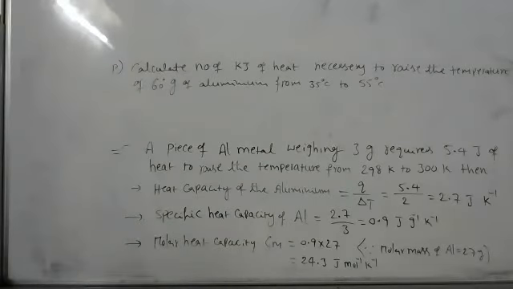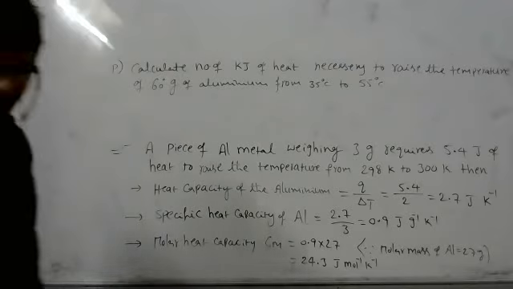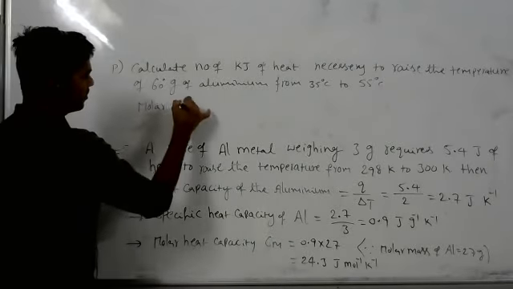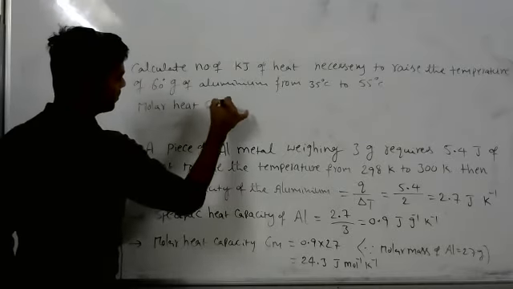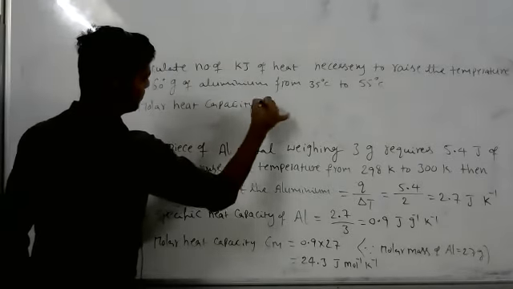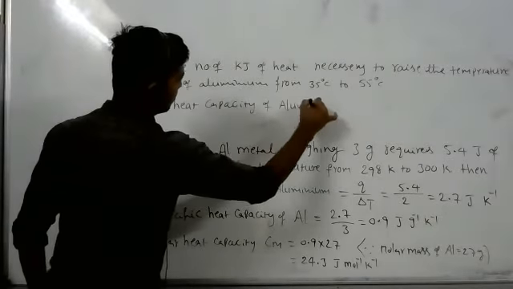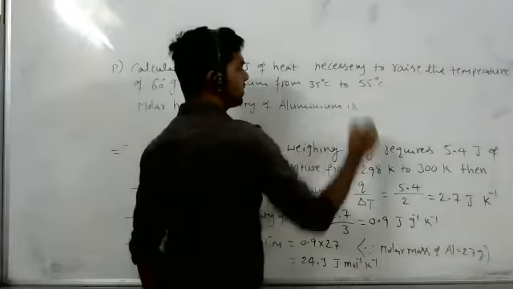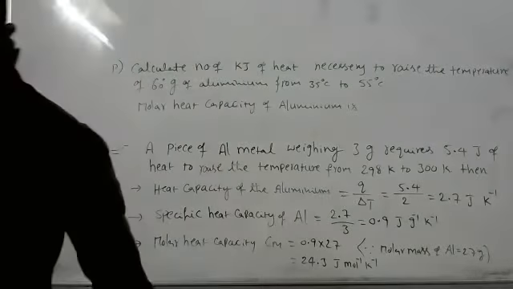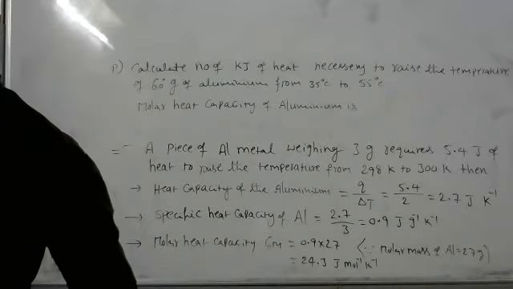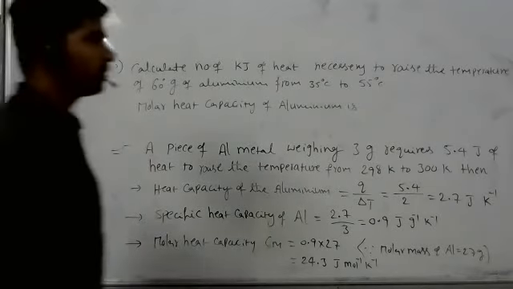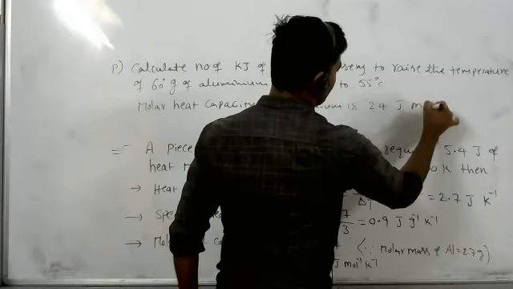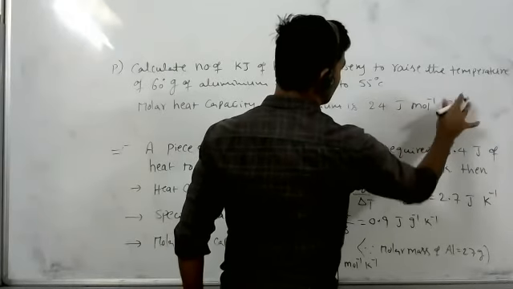The molar heat capacity of aluminum is 24 joule mole inverse Kelvin inverse.